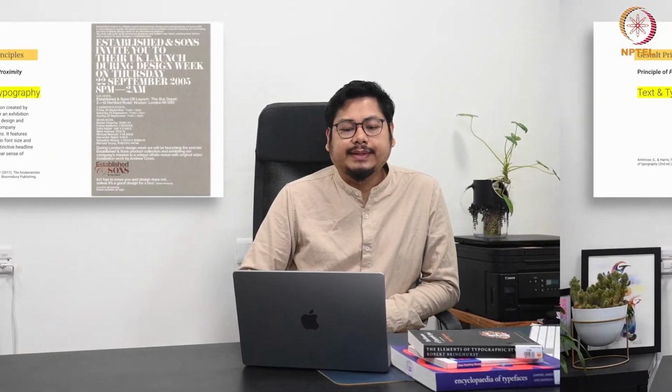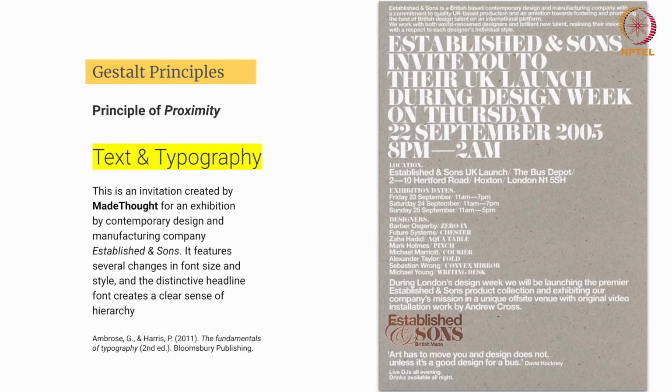Yes, so this is another interesting example where you can see how different typefaces have been incorporated. And this is where you can see different variations of typeface. So some are serif, some are sans serif.